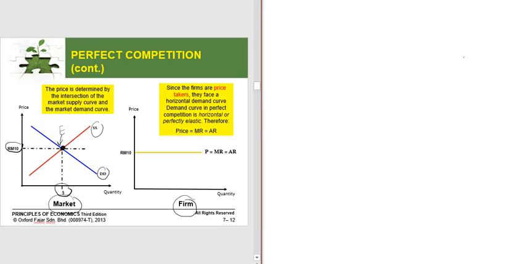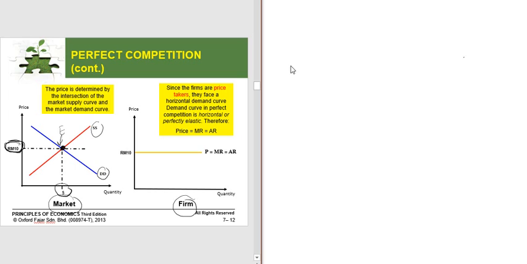So the equilibrium price here is set at RM 10 ringgit. So RM 10 ringgit is considered as the price that is at the good level for that particular type of product in this perfect competition market.